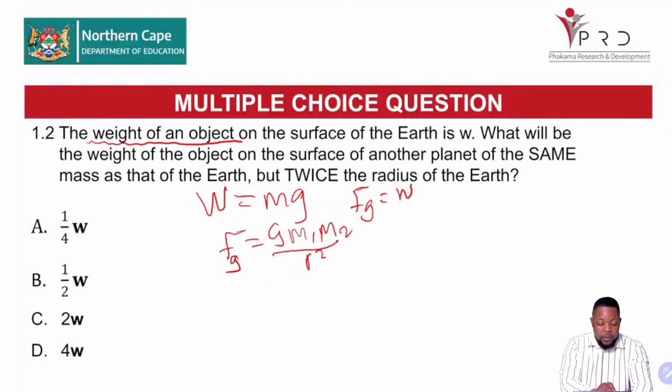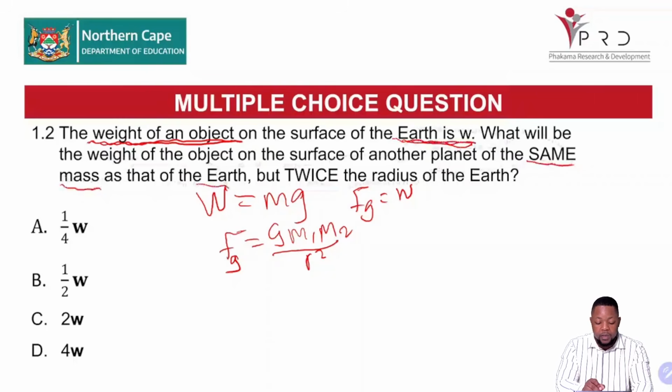Now, we continue reading. The weight of an object on the surface of the earth is W, meaning that whatever we start with on earth, we are going to name it W. What will be the weight of an object on the surface of another planet of the same mass as that of the earth, but twice the radius of the earth?